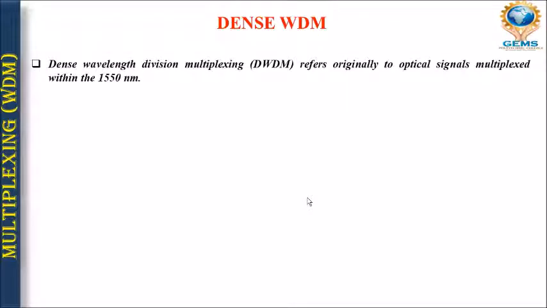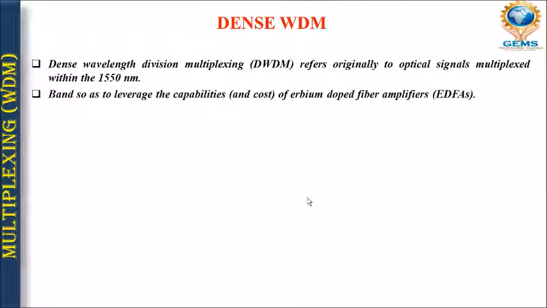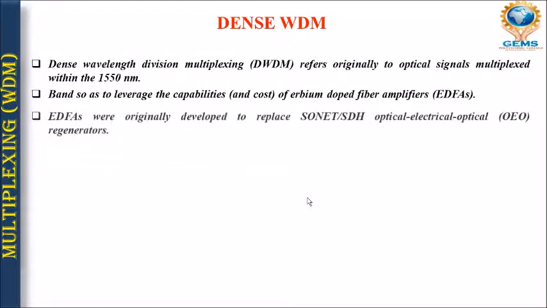Next, let's talk about dense WDM in short. It refers originally to optical signals multiplexed at 1550 nm. This band is used to leverage the capability, according to the cost, of EDFA, that is erbium doped fiber amplifiers.